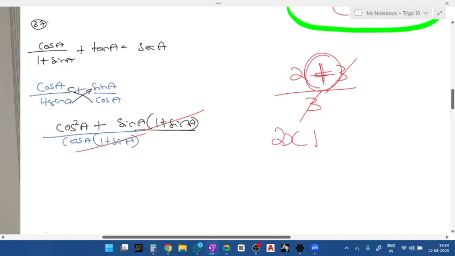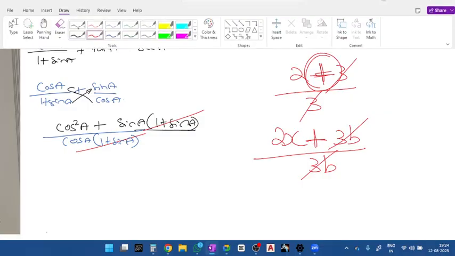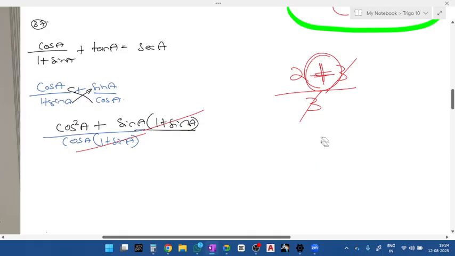For example, 2x plus 3b divided by 3b is given. You can't cancel this 3b and 3b. There is a plus in between. You have to open the bracket, eliminate the plus, then later you can cancel them. Okay, now tell me the next step.